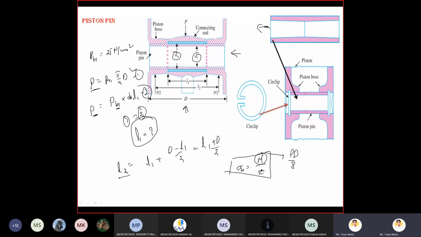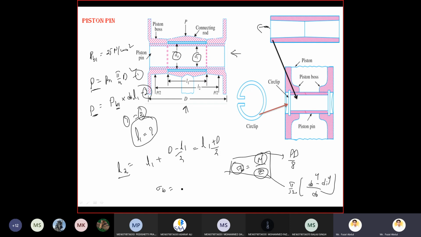And what is Z, the section modulus here? Because the piston pin is a circular hollow section, it is pi by 32 into (D naught power 4 minus Di power 4) by D naught. Substitute here, we'll get the bending stress. Okay. So after getting the bending stress, we have to verify it with the permissible values.